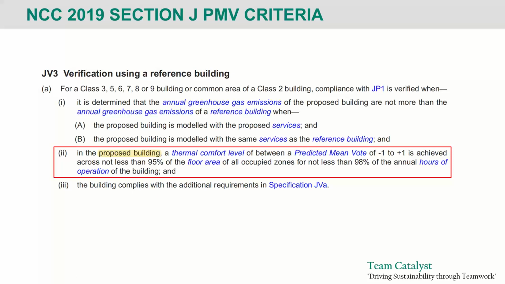Now, all of these are defined terms. Floor area, occupied zones, hours of operation, they all have particular meanings within the National Construction Code. So it's good to remember that.